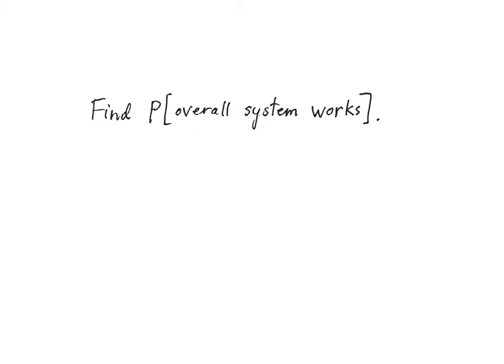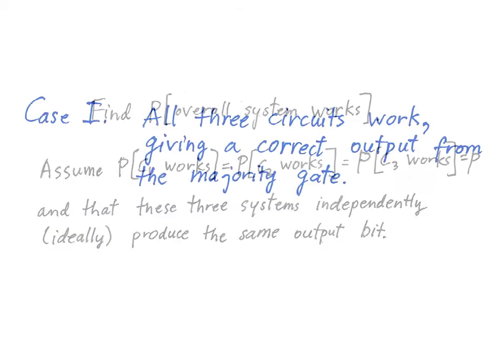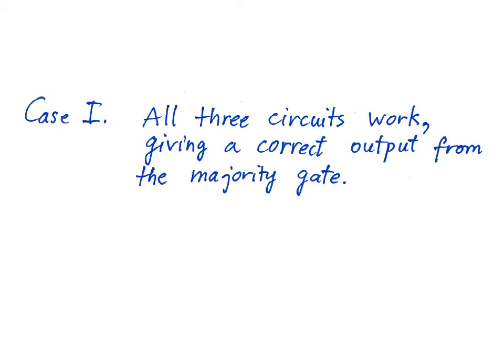Let's find the probability that the overall system works. As I said, the probability that each of the subsystems works is P. Assume that they are independent. Case 1 is when all 3 work, so the majority gate produces the correct output bit.